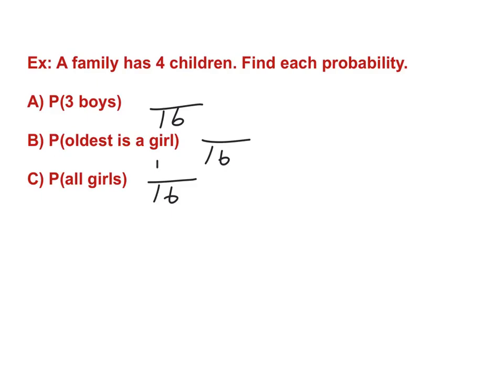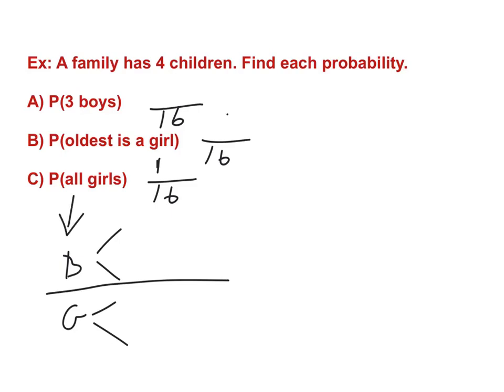Girl, girl, girl, girl. There's one way to do that. So this one's 1 out of 16. That the oldest is a girl. So what you're looking at on your tree diagram is the first one. When I make my tree off of all these, half of my possibilities the first one is a boy, half of my possibilities the first one is a girl. So the oldest is a girl right here. There's going to be 8 down here, which is 1/2.